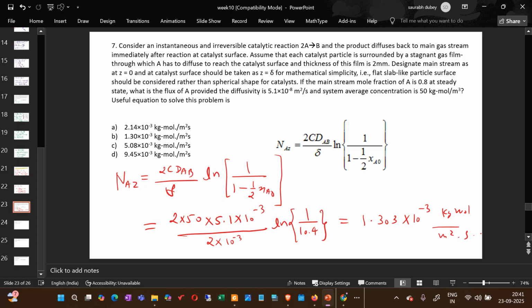You see how little time this takes. Only C you took as 50, 2 is there, D_AB you used, and delta you had the idea about, and 1 upon 1 minus 1 by 2 X_A0 is given here.